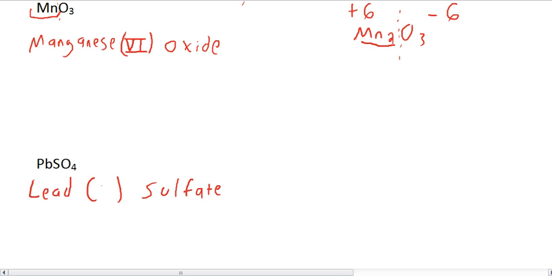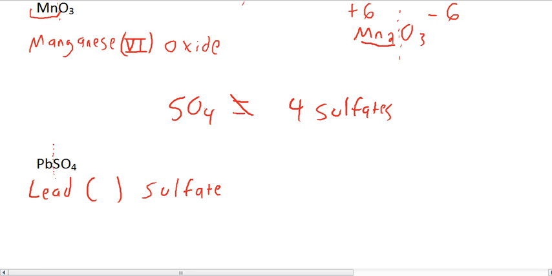So there are no subscripts here, and there's a 1. Lead's a 1. So we have to determine what the charge is. Well, I have 1 sulfate. That does not mean 4 sulfates.